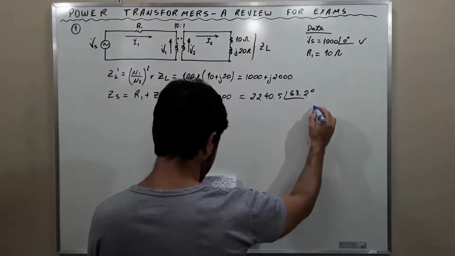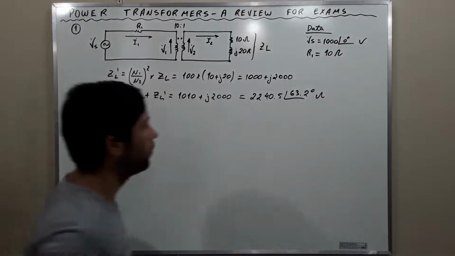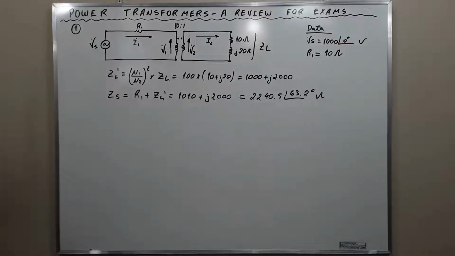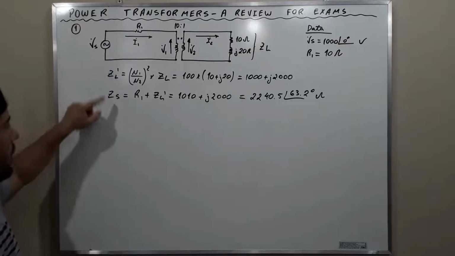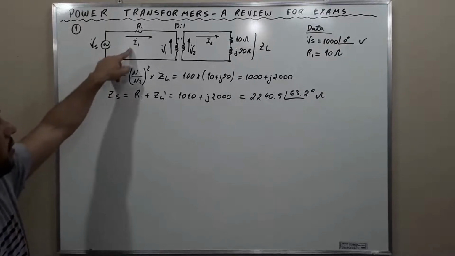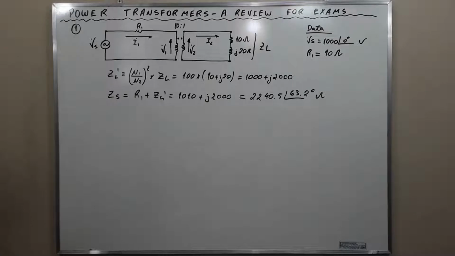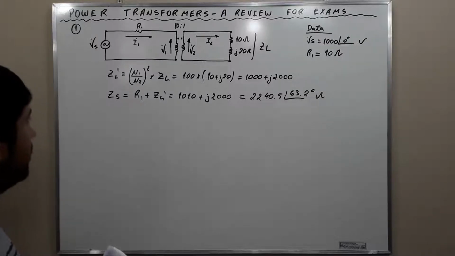I prefer using the polar form in some situations. We are going to have to divide this by this to get the input current, and to do this it is preferable to use the polar form. Now we can compute the primary current and the voltage.